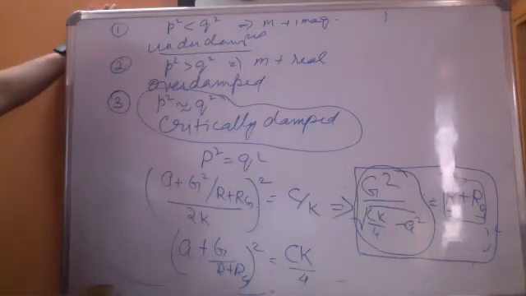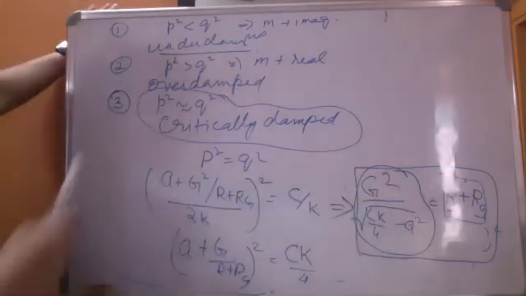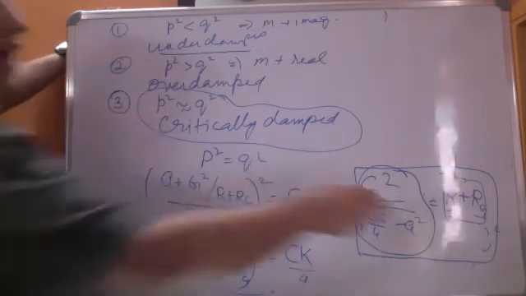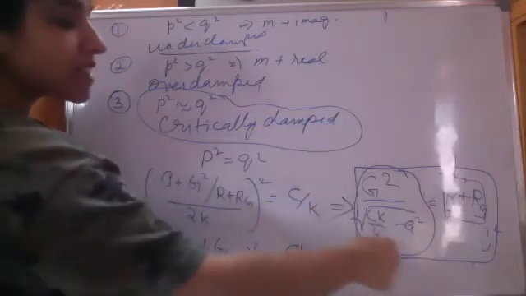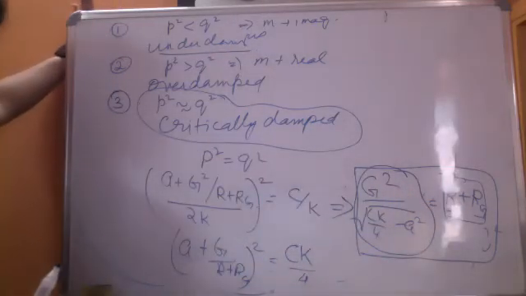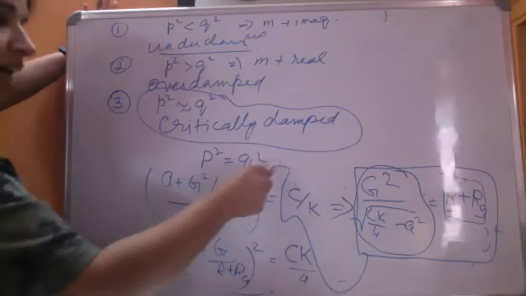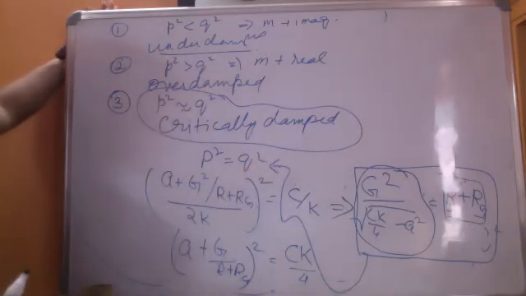But by hit and trial, I keep changing this R. There will be some point where my R plus RG will balance this quantity on the left hand side, which is characteristic of my ballistic galvanometer, and will give me the condition for critical damping.